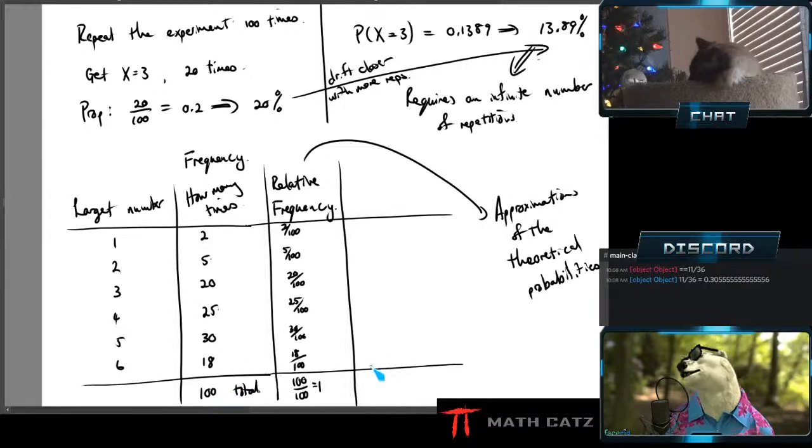1,000, it's going to be way better. 10,000, if it's practical, way better. And of course, I can do these things with computers, right? So having a lot of repetitions is quite realistic. So these approximations, if I don't have a lot of repetitions, might not be very close to the theoretical probabilities.